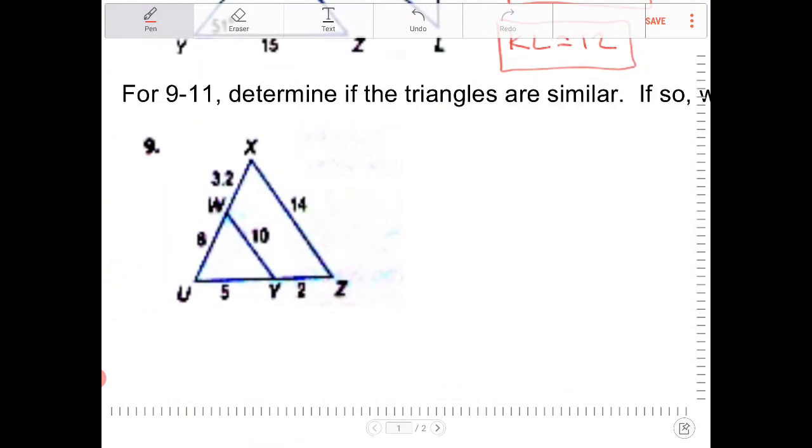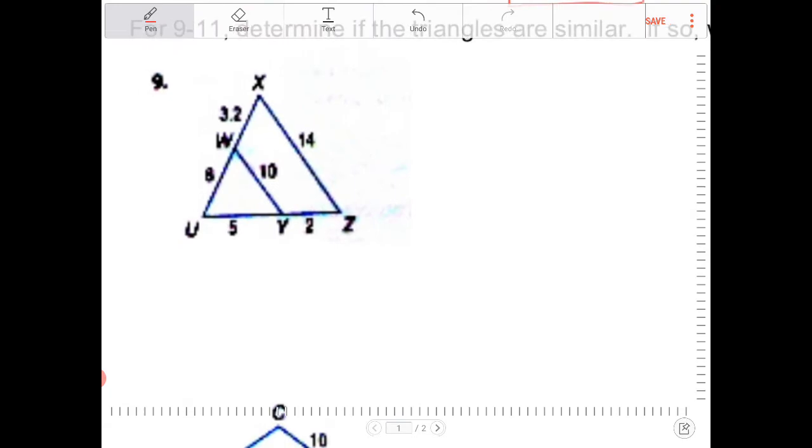Next, determine if the triangles are similar. So let's see here. This side here, I believe that this is an 8, and this is a 3.2. So if I compare 8 to 8 plus 3.2, is this going to be the same as 5 to 7, 5 plus 2?